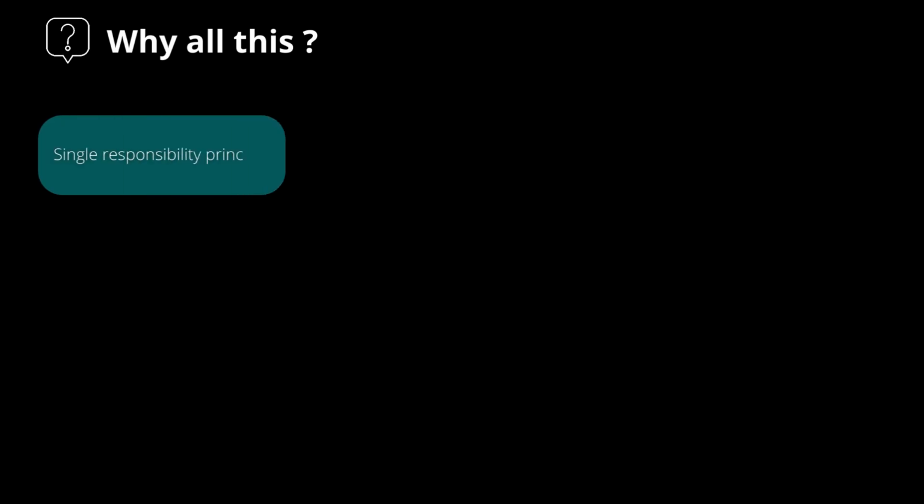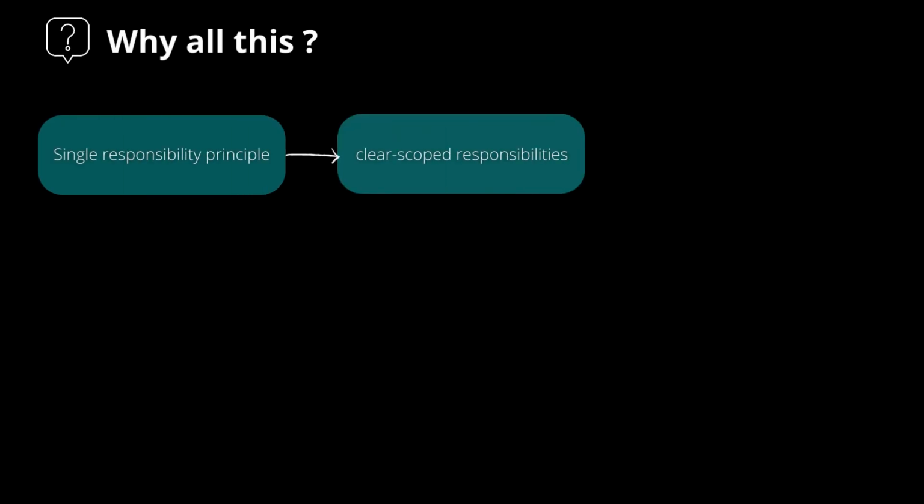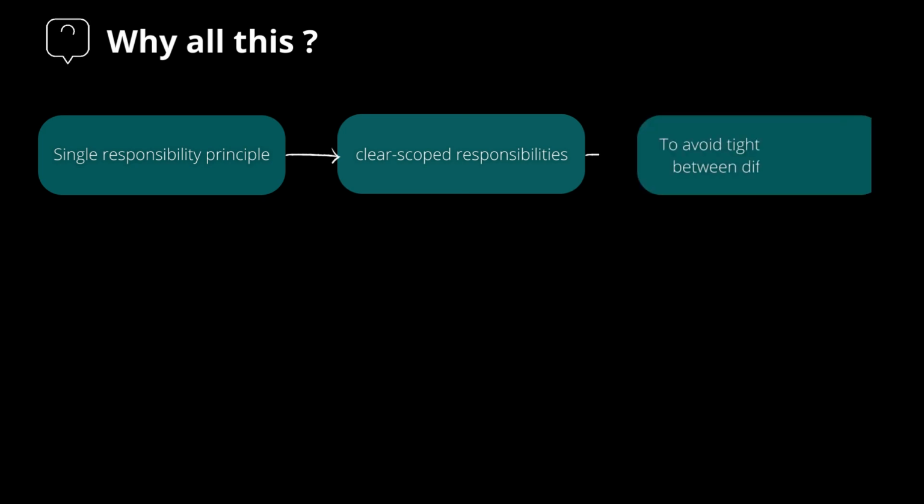Do you ask why all this? One of the most important reasons or advantages of this design pattern is that it respects the single responsibility principle, which creates clearly scoped responsibilities that help to avoid tight dependencies between different places in the app.